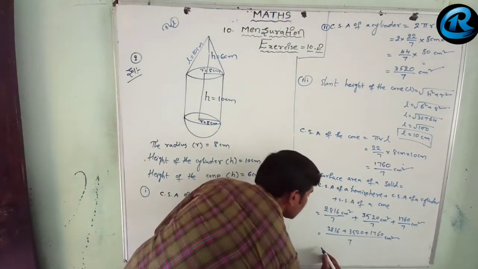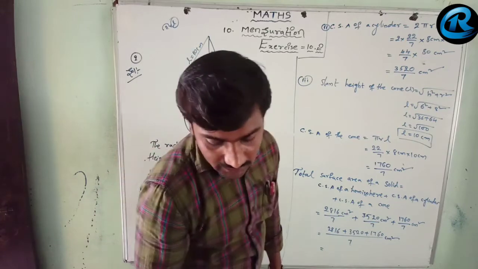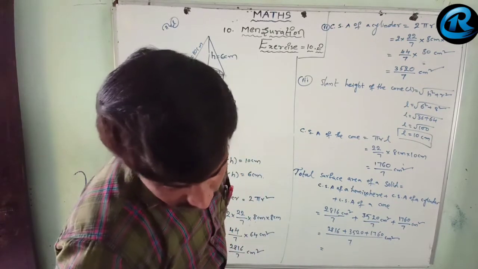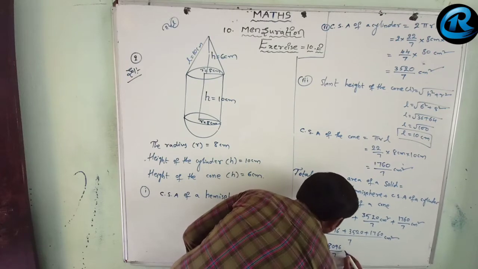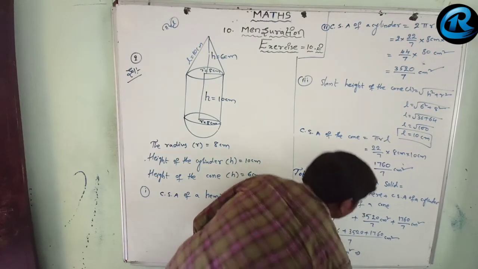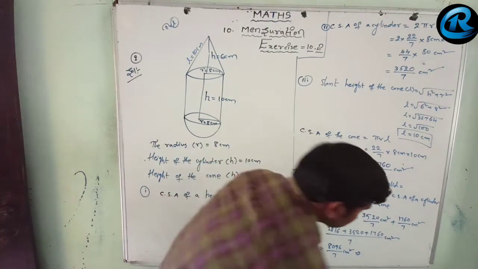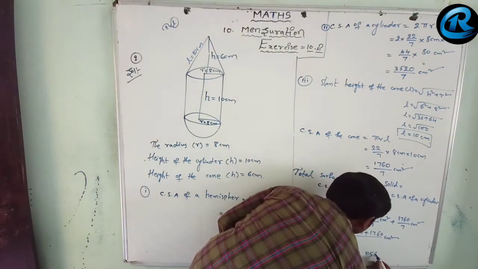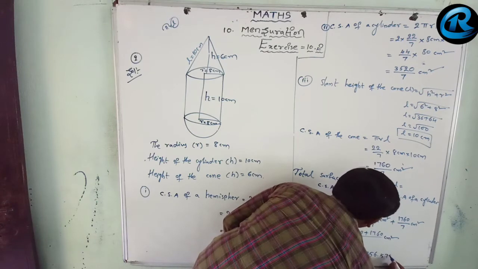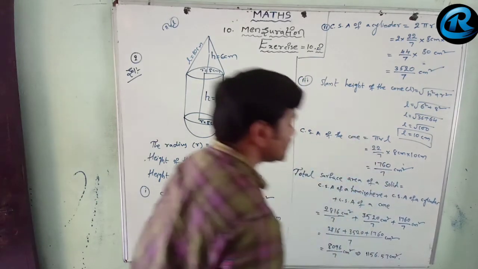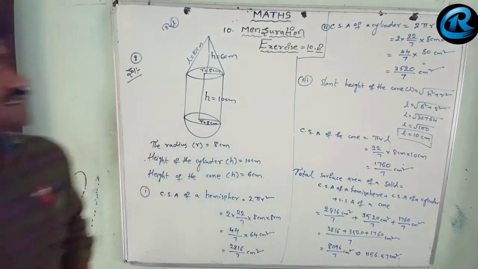By adding this all, we will be getting 8096 by 7 centimeters square. By simplifying that all, we get 1156.57 centimeter square. So this is what, children.